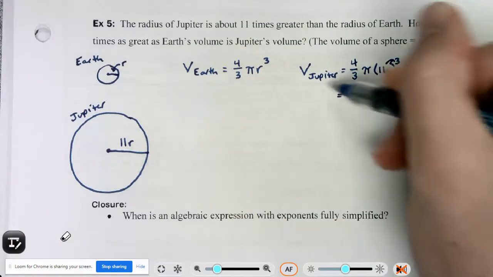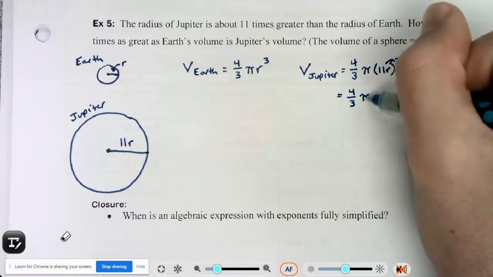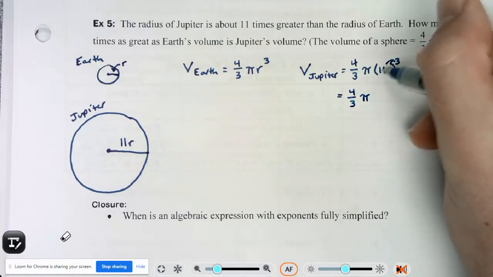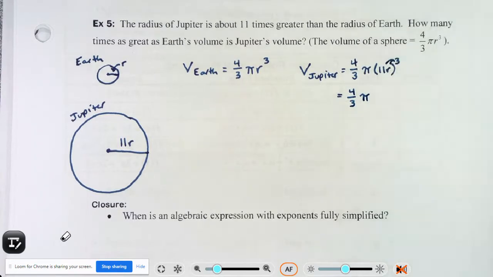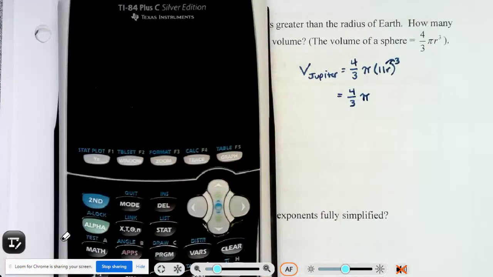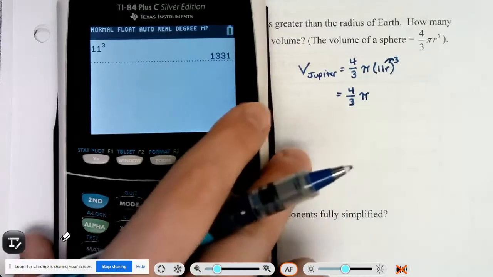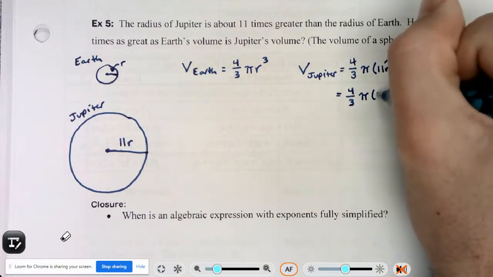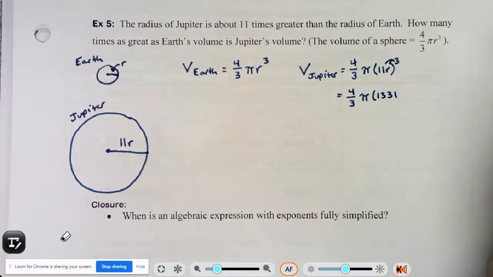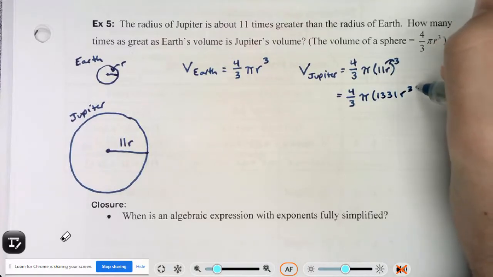So I'm not going to write out volume of Jupiter every time, but that's going to be equal to 4/3 pi, and 11 to the third is our first one. 11 to the third power is 1,331. And then r to the third power is just r to the third power.